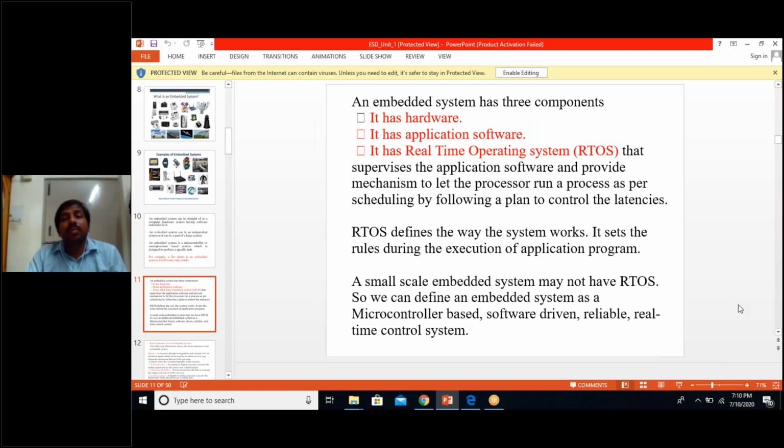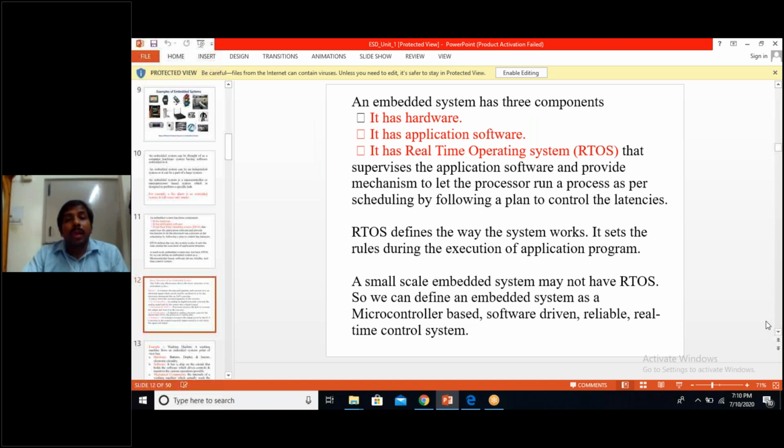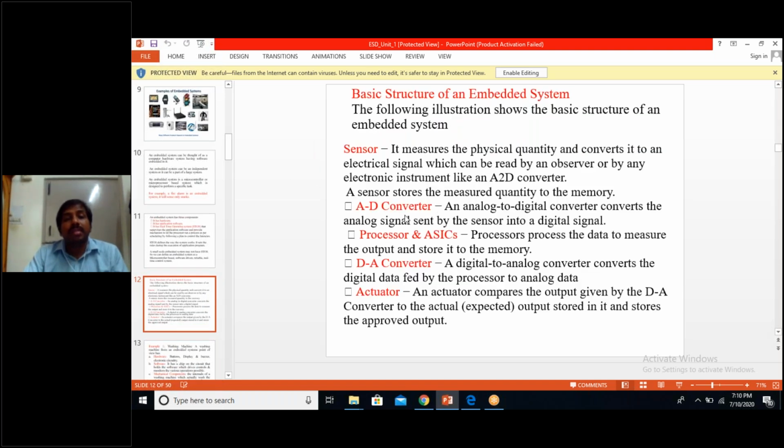We define an embedded system as a microcontroller based, software driven, reliable real-time control system. It has a sensor, an A to D converter, a processor, a D to A converter, and an actuator.